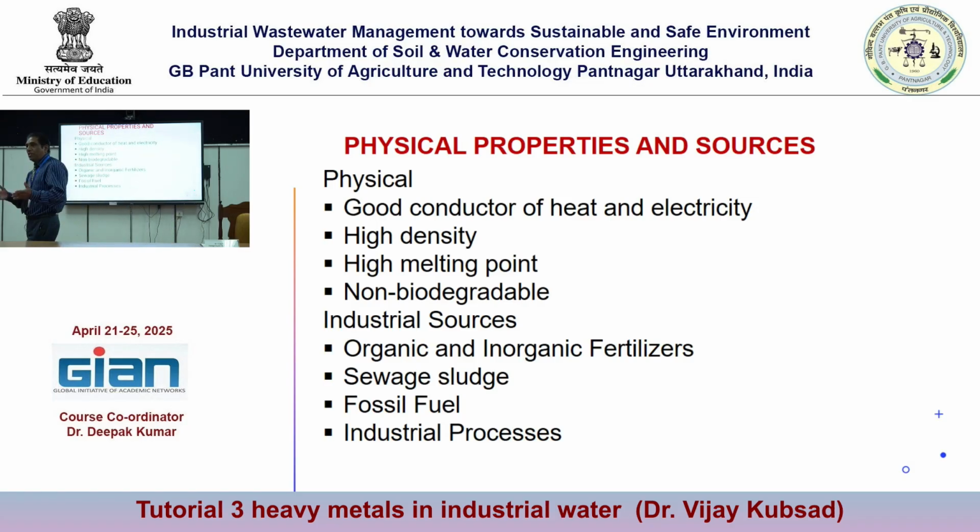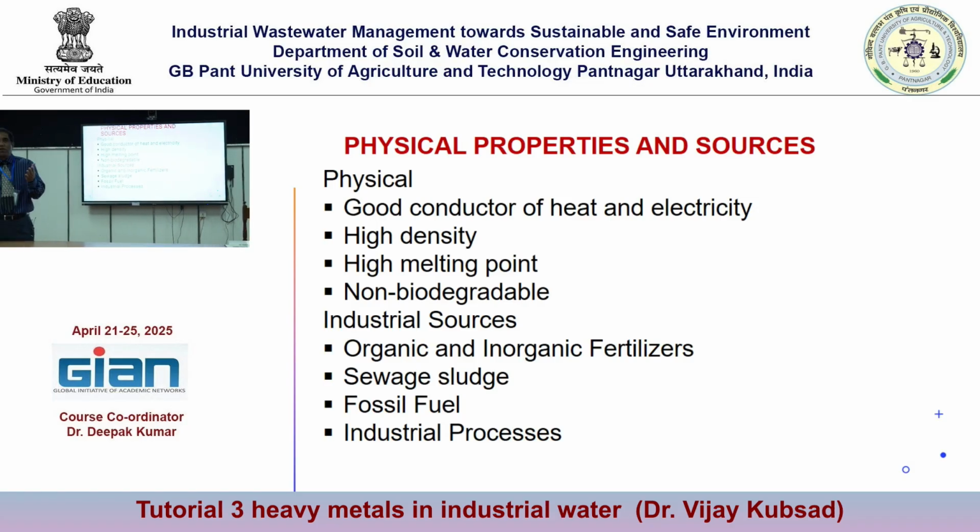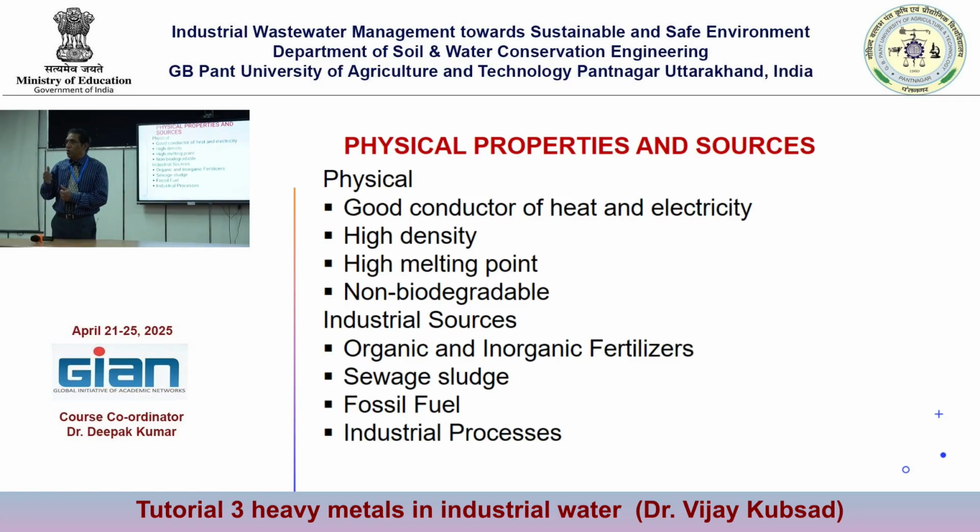Organic and inorganic fertilizers: a lot of you have an agriculture background here, you know what organic farming is, what inorganic farming using fertilizers is. You know that very well. Earlier, our people used to do organic farming. Then they said, no, you should use fertilizers, growth will be high.